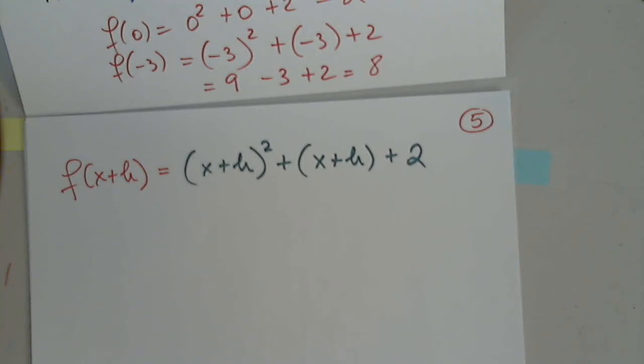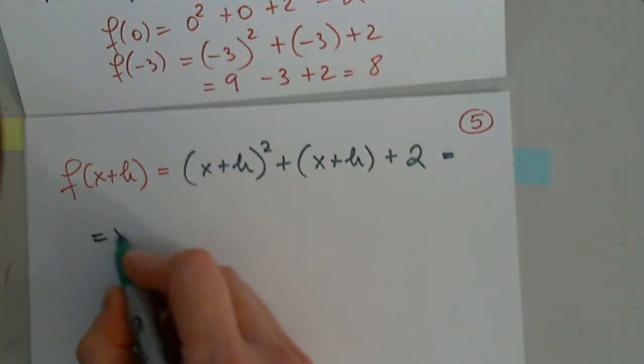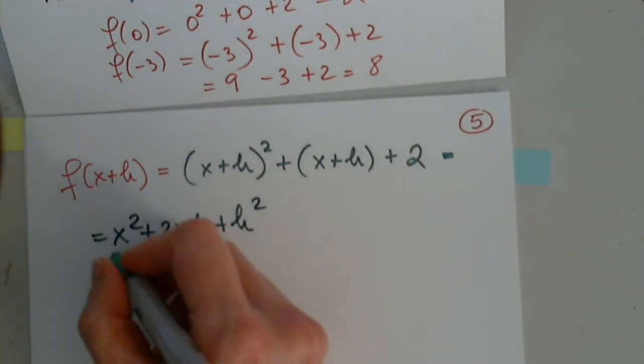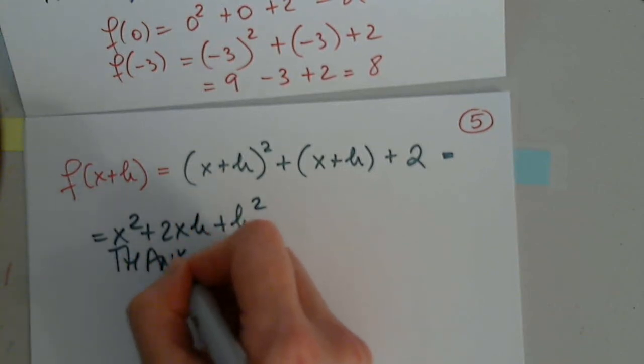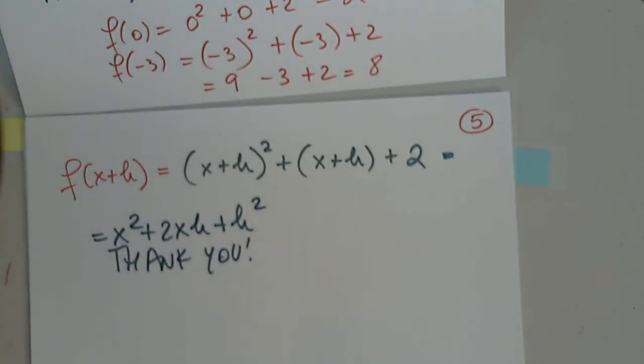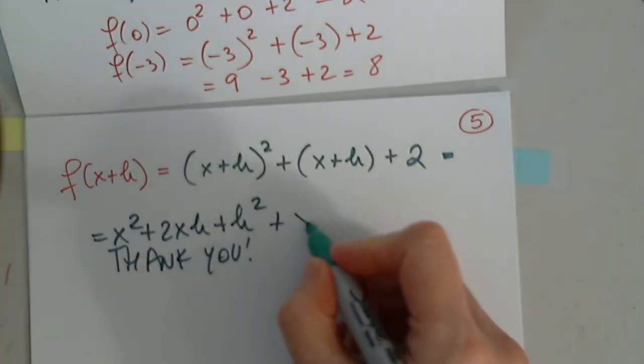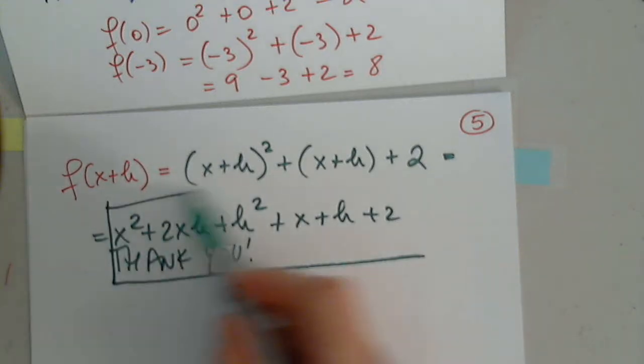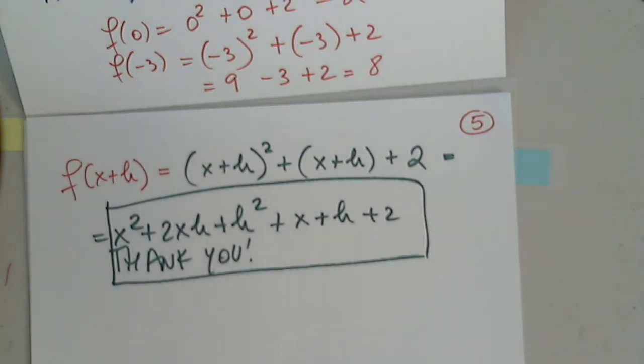Would it be x squared plus 2xh plus h squared? Here's my answer. Great job. Thank you. Plus x plus h plus 2. It's done. We cannot simplify this any longer.